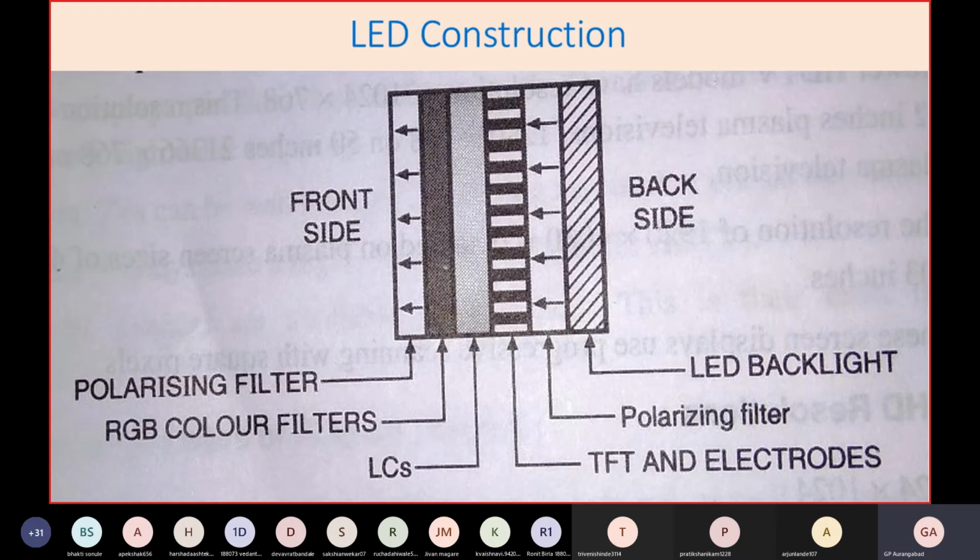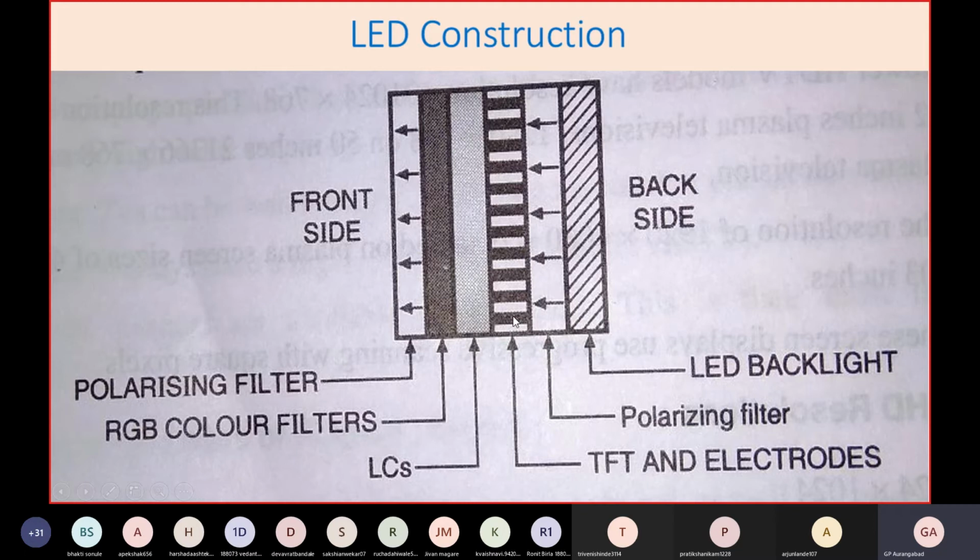And as you have a very strong and intensive light coming from the LED, its clarity is very good. Then again, you will find there is a polarizing filter. If you have a horizontal polarizing filter, then you will have a vertical polarizing filter over here. These are the two polarizing filters used.